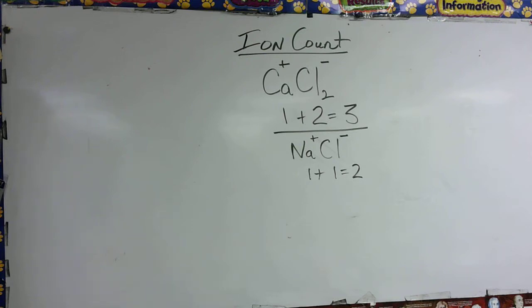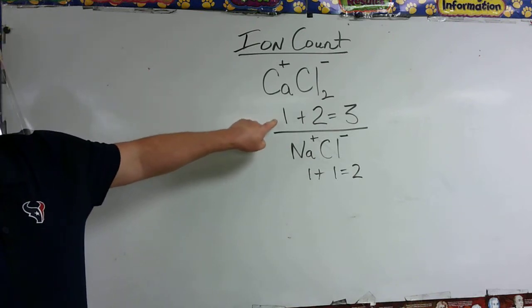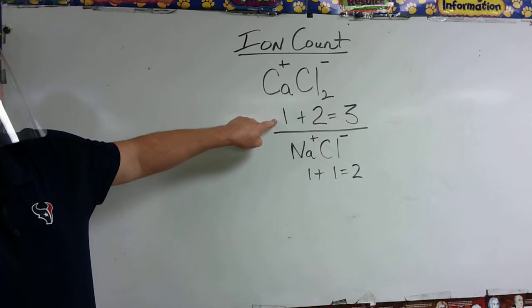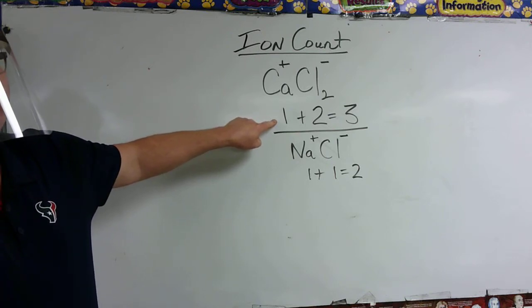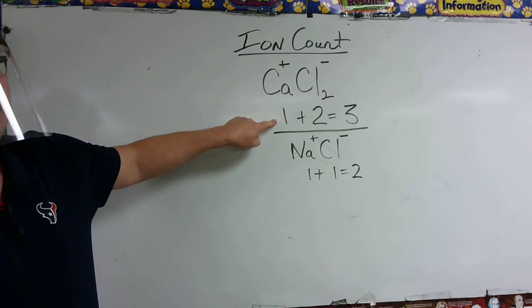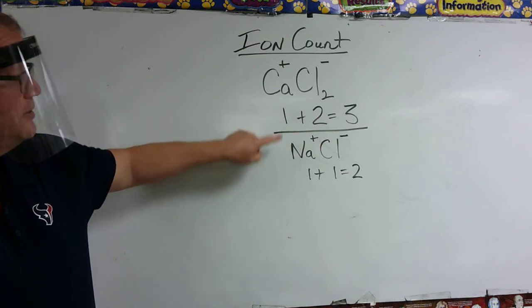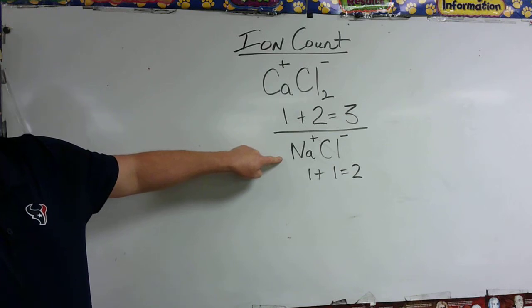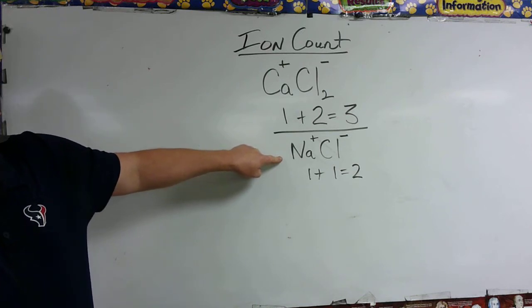Now, which one would be the most effective, let's say, if I want to de-ice roads? It would be the one with the more ions in it. Okay? Now, there's kind of a little reason for that, but basically what it does is maybe this one will freeze at a negative 2 degrees Celsius.